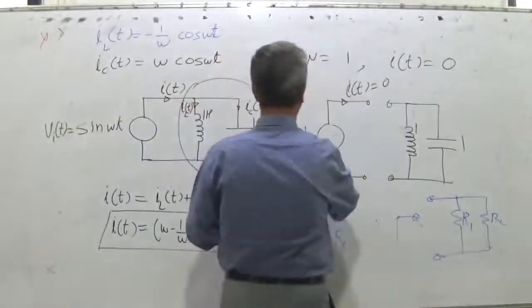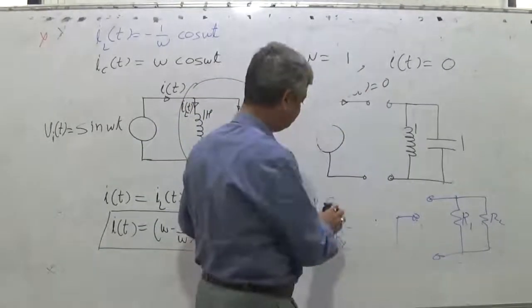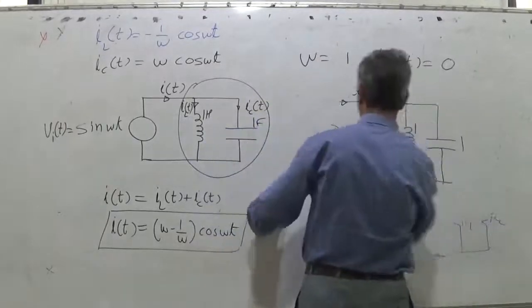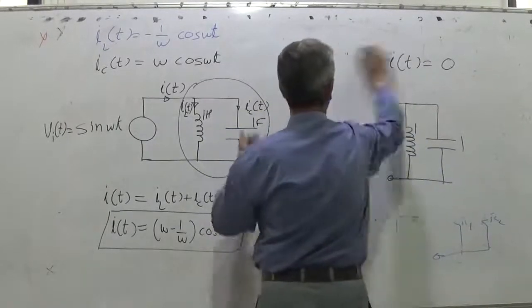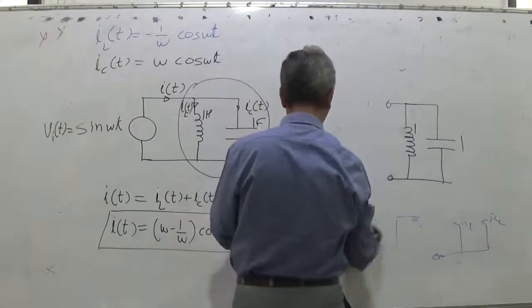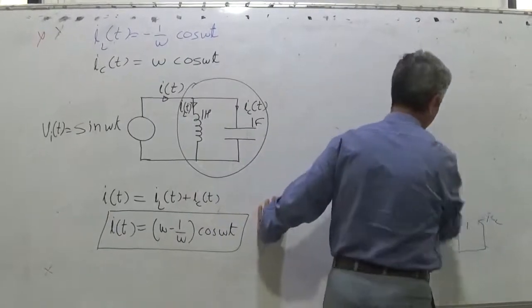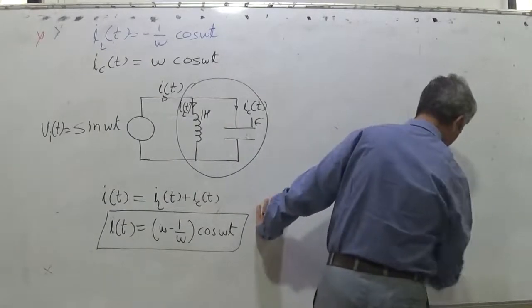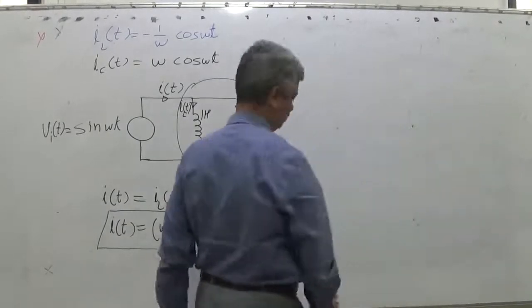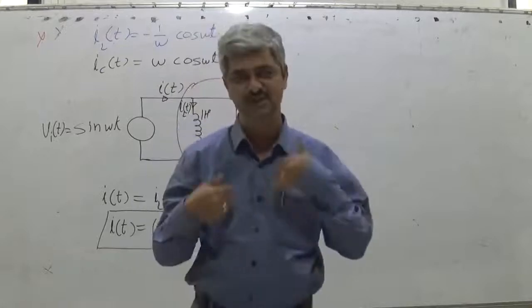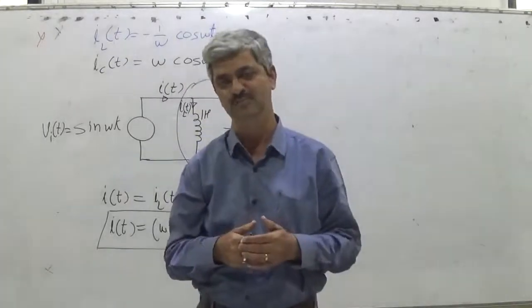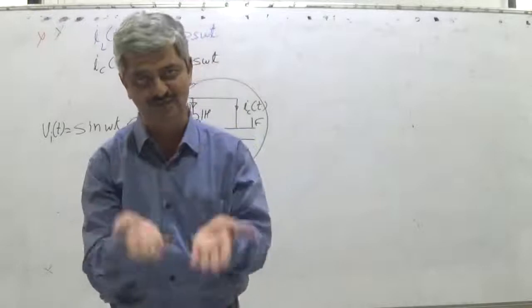So what is the parallel combination of this? I ask the question: those who want to answer on their own should press the pause button, and the remaining should watch. Those who paused should watch later and verify the results.